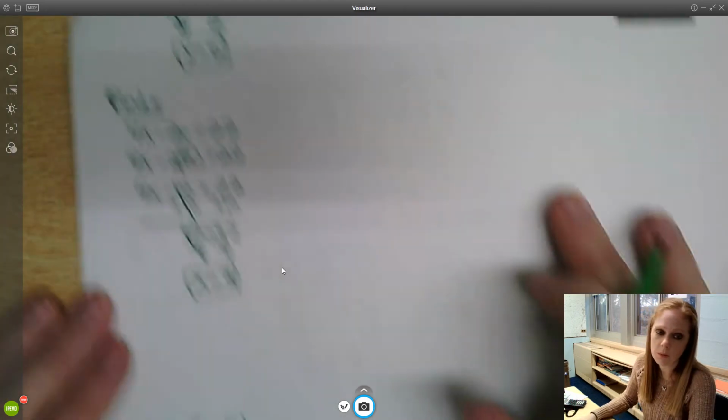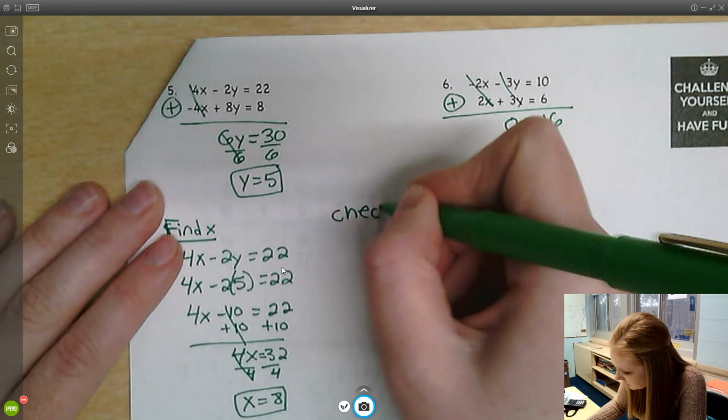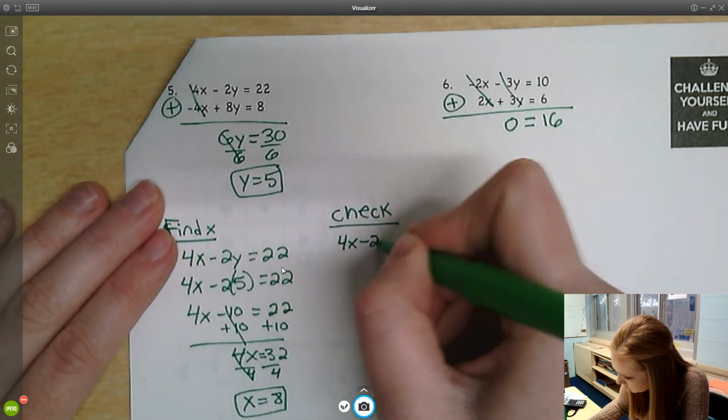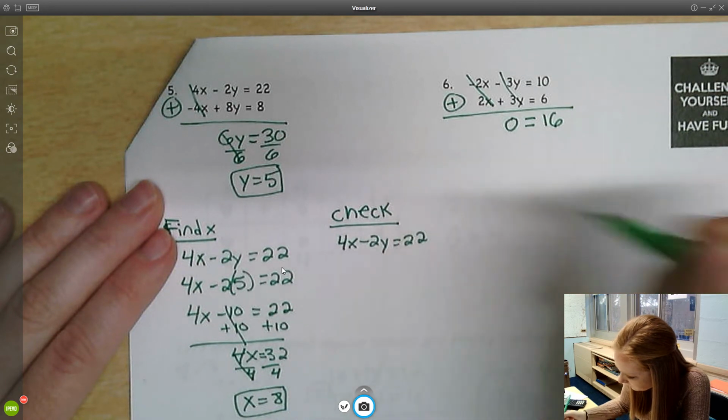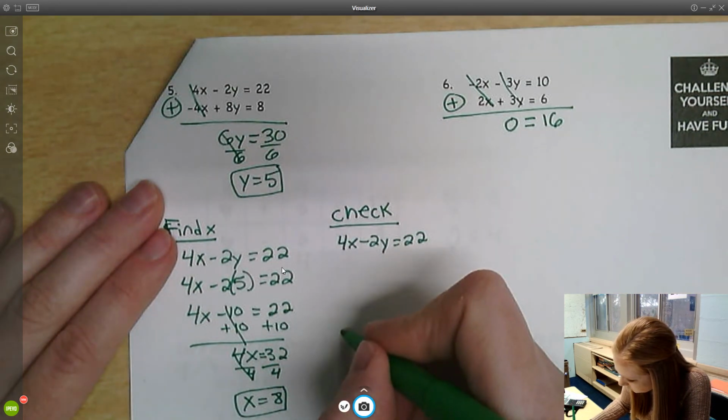Okay, since that one's a little bit more difficult to check, I'm going to go back to number 5 and show you the check for that one. So for the check, you would rewrite both originals. I'll just do it down here.